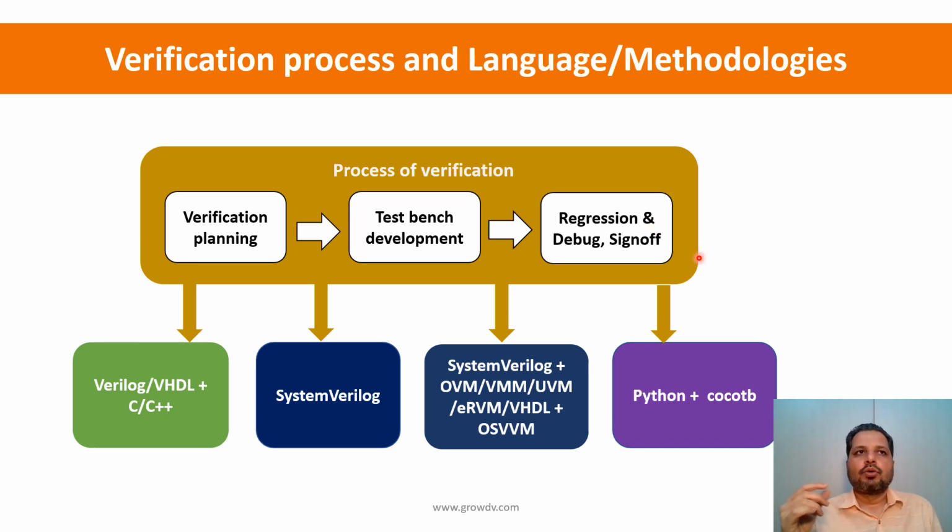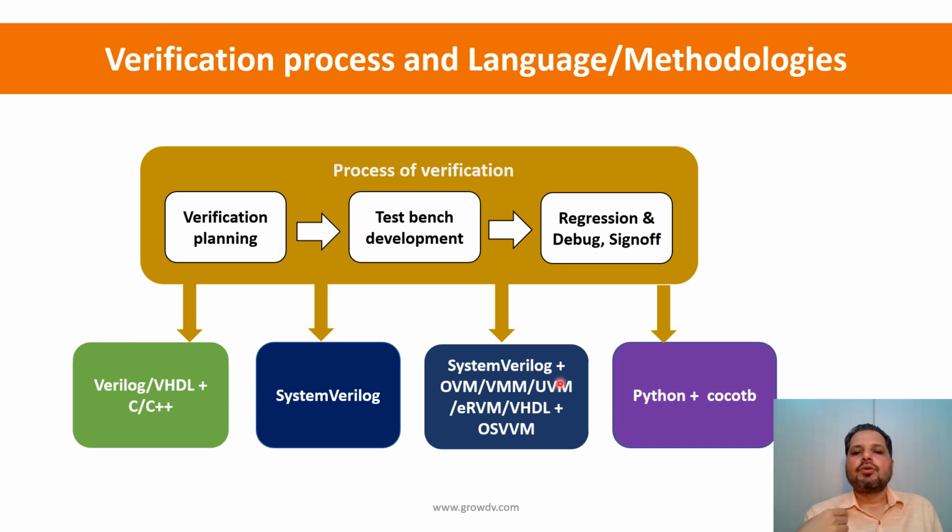And if I were to do the process of verification for, let's say, only one IP, and that IP is not changing much, I don't even really need a methodology, because a methodology is required if you are doing multiple IPs and you want to optimize and reuse across your IPs, and also those IPs keep changing a lot and your test bench needs to adapt, then you need a methodology to take care of the reuse part of it.